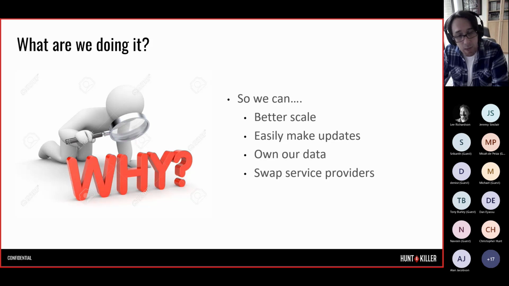And so we need to be able to be open to explore the options of moving to other providers.